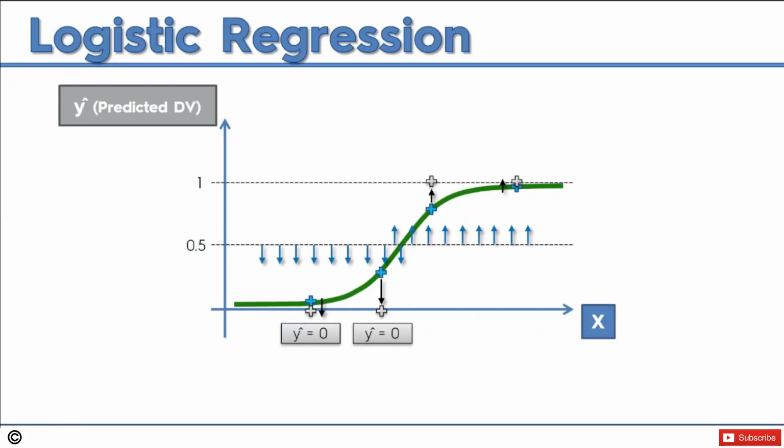Also makes sense, right? If you're predicting that somebody's probability of taking up an offer is 85%, and you have to say yes or no, then you're probably going to say yes, this person will take up the offer. So those are our predicted y hat values. In this case, they're both 1.